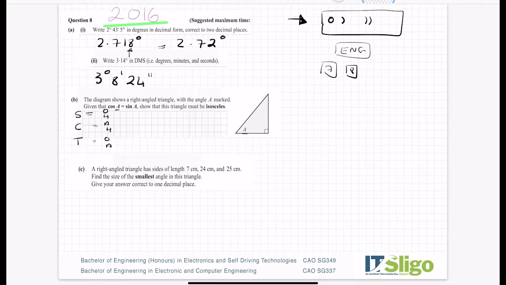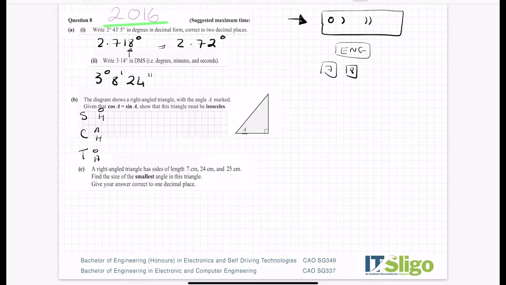I might make that a little bit bigger because it's a bit of an eye chart there. And all they do is link relevant sides to sine, cos and tan.